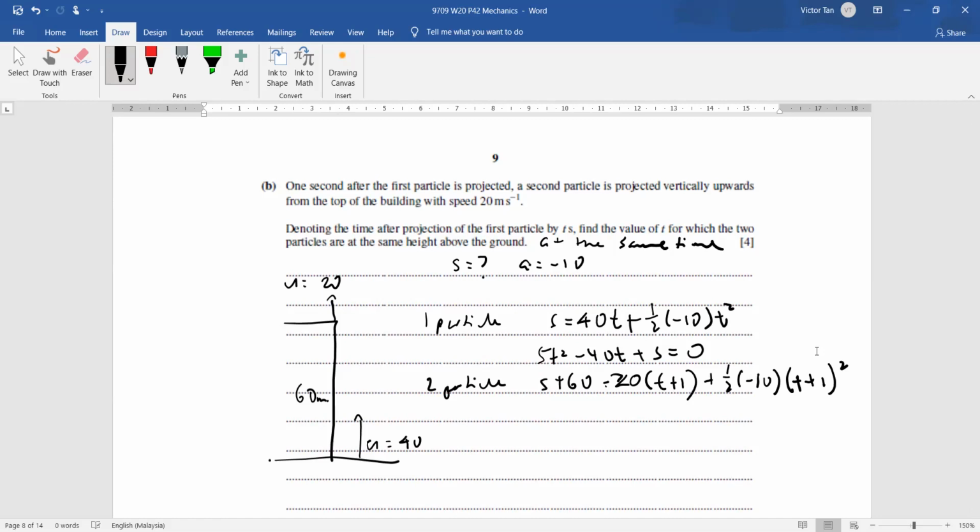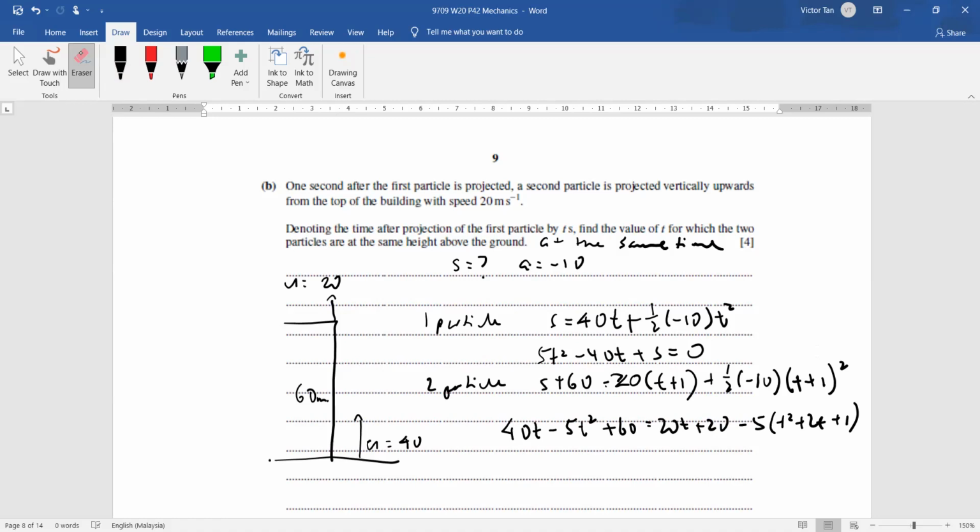So you need to just substitute the T. So this is S, 40T minus 5T squared plus 60 equals 20T plus 20 minus 5T squared plus 2T plus 1. Always this is the problem.